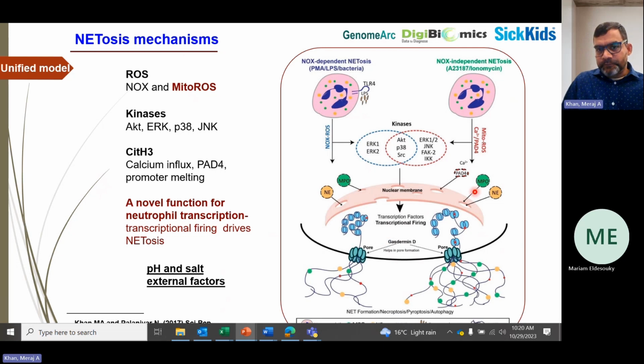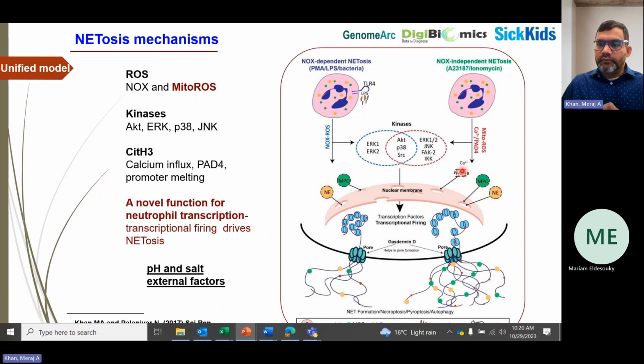And you can see here the decondensation starts, and there's an enzyme called Gasdermin D that helps to make pores, and from the pores the chromatin comes out and makes the NETs. But in the case of NOX independent, there is another factor called PAD4 enzyme.